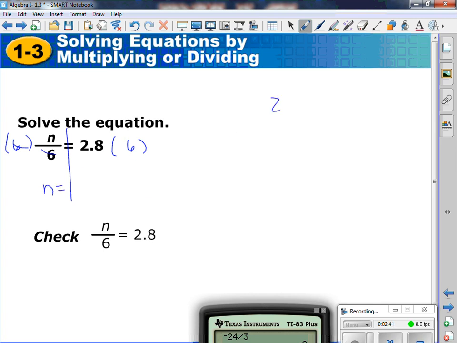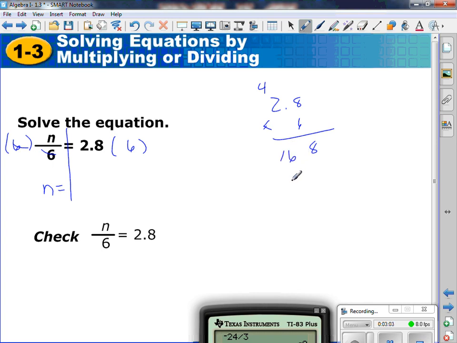2.8 times 6. To do it by hand, do I have to line up decimals with multiplying? No. 8 times 6 is 48. 6 times 2 plus 4 is 16.